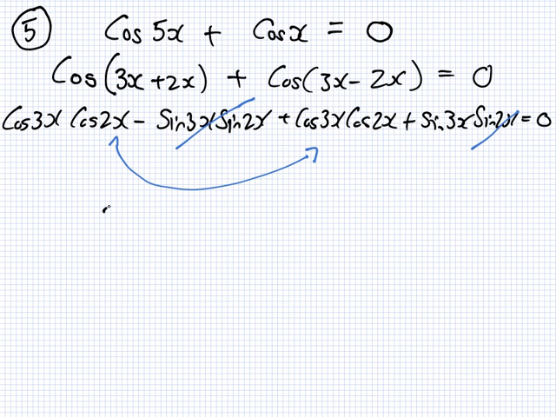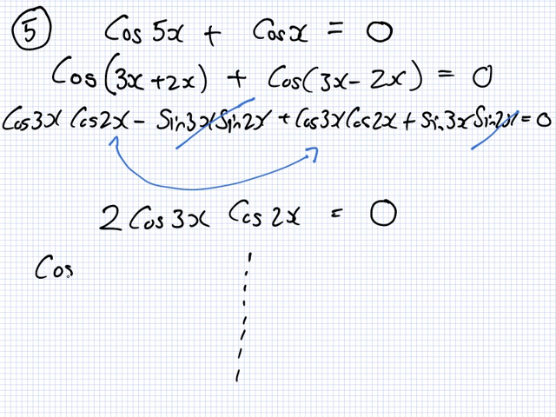So you end up with 2 cos 3x cos 2x equals 0. Which means you have two equations now. Cos 3x equals 0, or cos 2x equals 0.